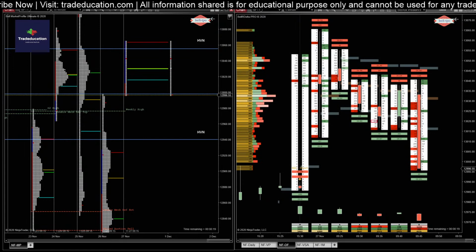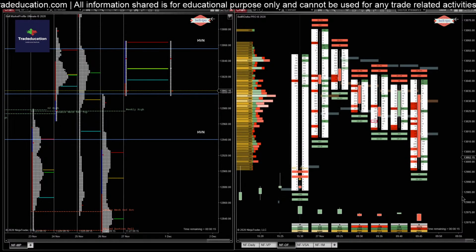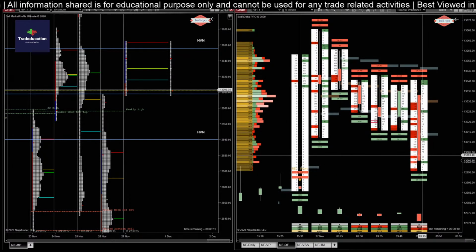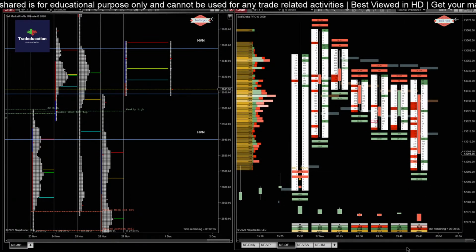Yes, now the gap is filled and someone would be booking their profits. So those who sold here would be buying here. That's why these buying orders are being seen.